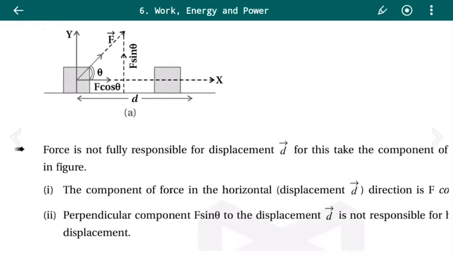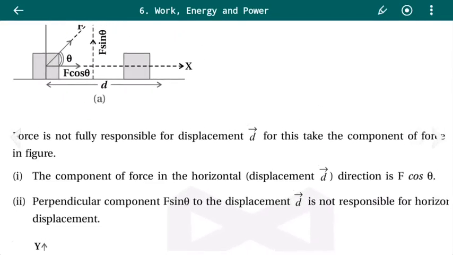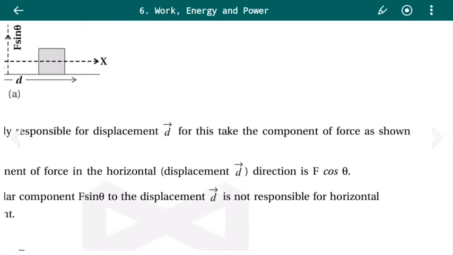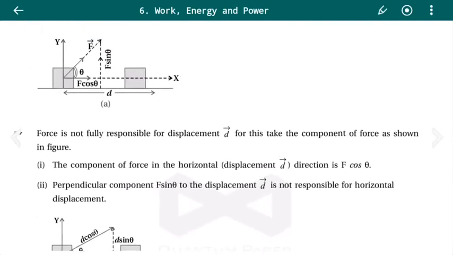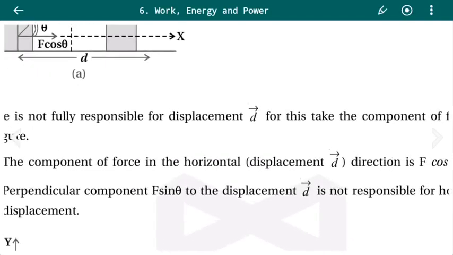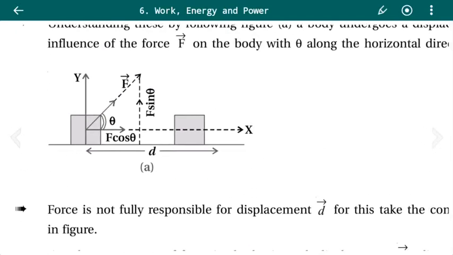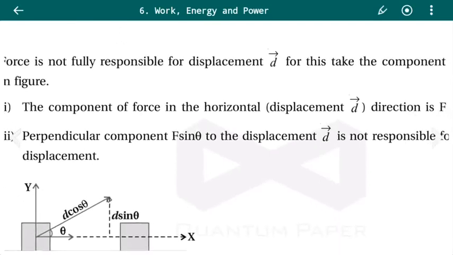Force is not fully responsible for displacement D. For this, take the component of force as shown in the figure. Here, the component of force in the horizontal direction is F cos theta. As you can see, F cos theta is the component of force in the horizontal direction.